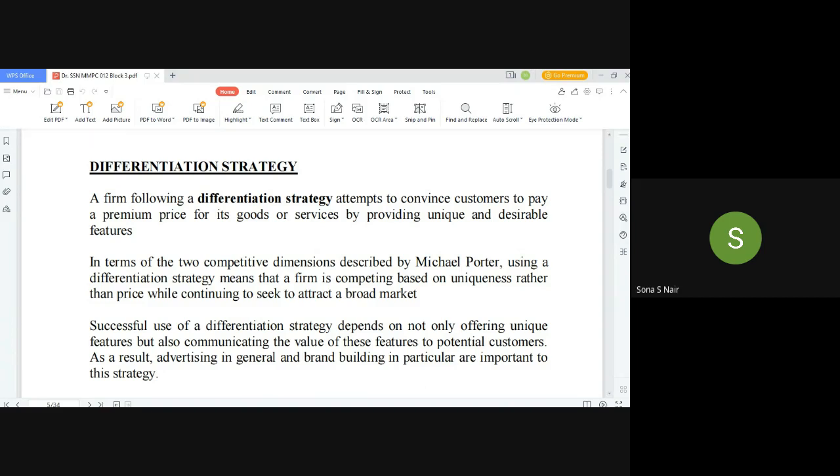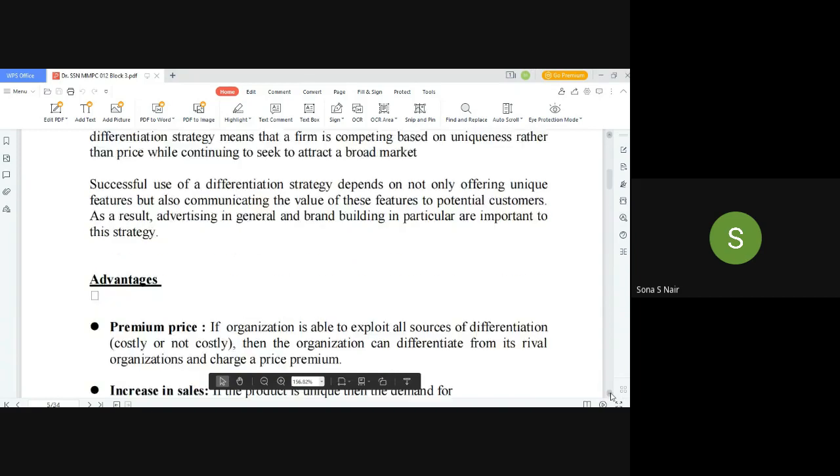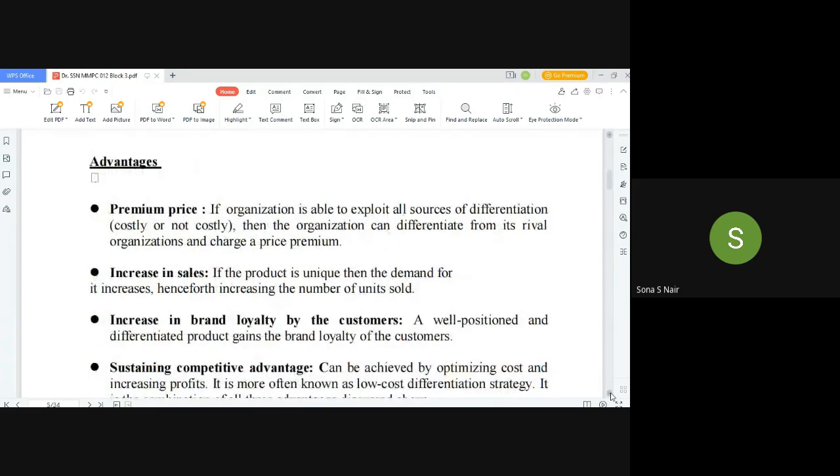Okay. Now, we'll have to run a little fast. What are the advantages of a differentiation strategy? It could be any feature, anything which is valued by the marketplace that could lead to differentiation. It could be features, it could be color, it could be quality. Differentiation need not be something which is actually there.